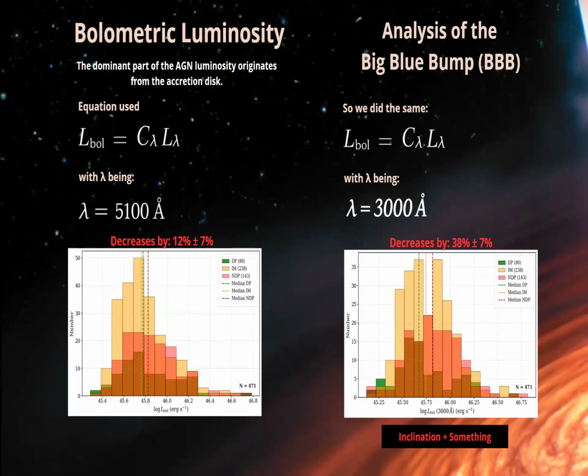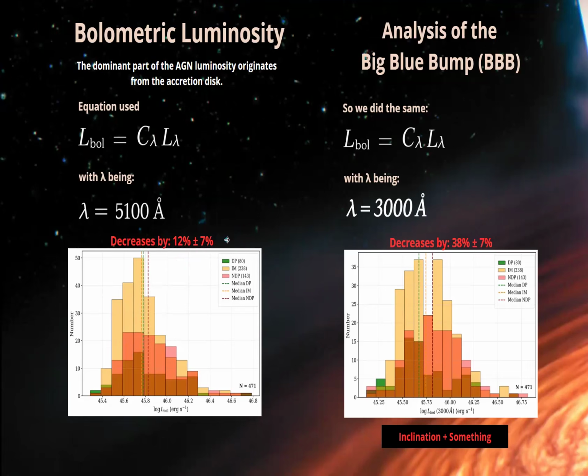So we expected the non-double peaked sample to be around 17% higher than the double peaked sample in bolometric luminosity. With the catalog values of the bolometric luminosity, we found that the difference was 12%. It could be attributed to the inclination, but the uncertainty is very large, so we cannot conclude this for sure.